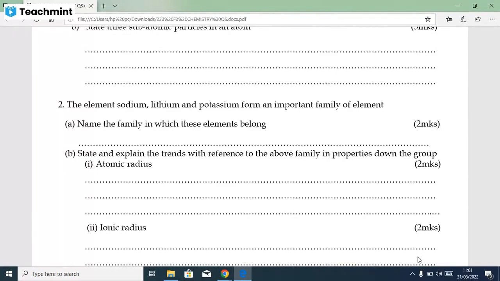Very good. There is an increase in the number of energy levels as you go down the group. You take some notes just for revision. So as you go down group 1 elements, the atomic radius increases. This is due to the increase in the number of energy levels as you go down the group. Correct.